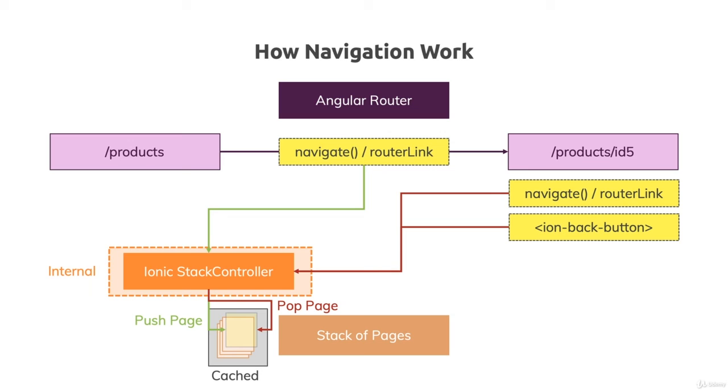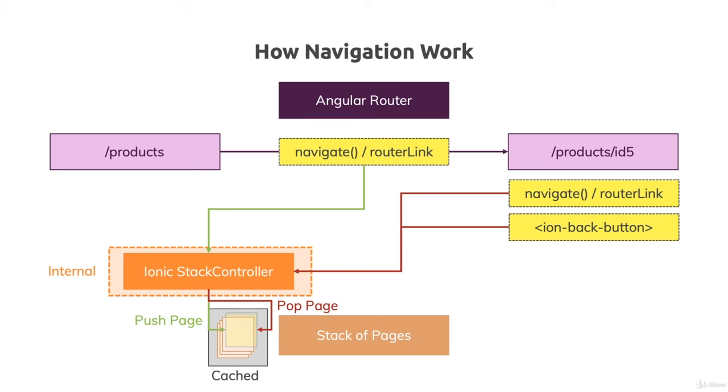When you're going forward to a new page, that old page, which is still on that stack of pages, so to say, is kept in a cache in memory. So this whole stack of pages is actually cached, you could say. And when you pop a page off, well, then this is removed from the cache because it's removed from the stack. This will become important, and will also explain that little bug we had in our last modules, which I'll now explain to you why it happens.